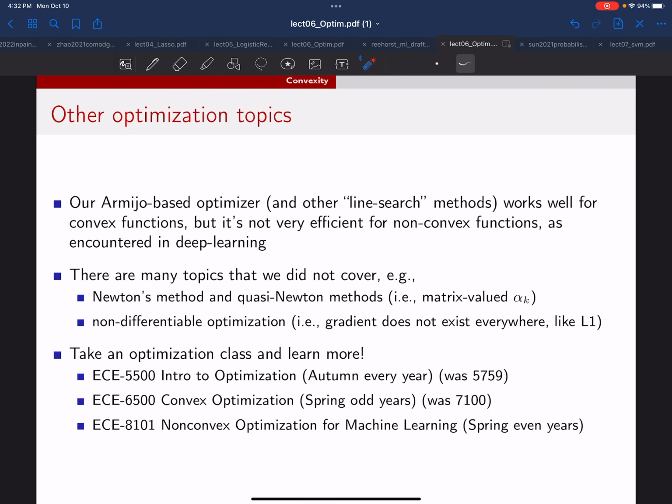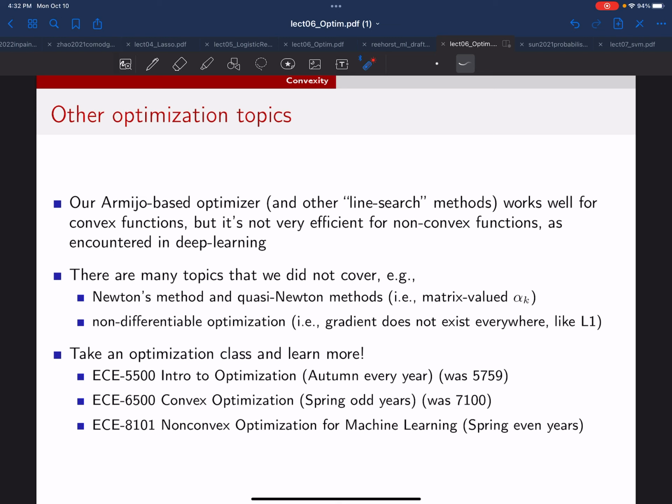So we learned about these Armijo-based methods. One word of caution is that they work really well with convex functions because they're very good at converging to a local minimum without going too far, adjusting the step size so that it doesn't go too far beyond it. But there are cases, like in deep learning, where we actually have non-convex functions to worry about.